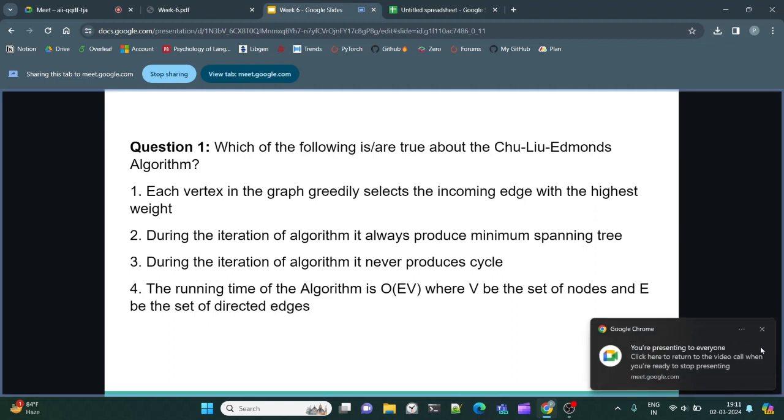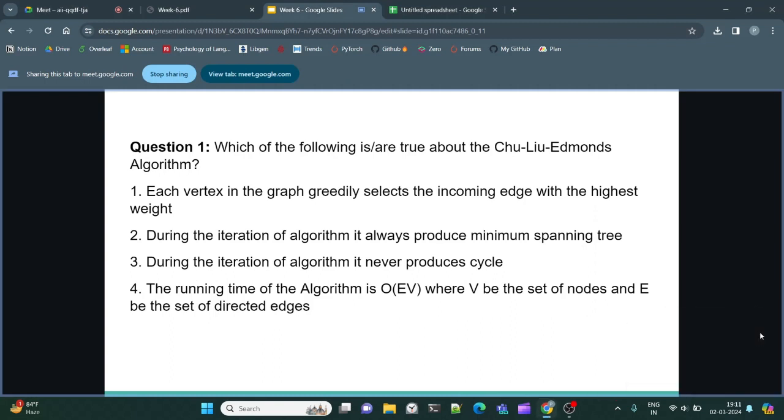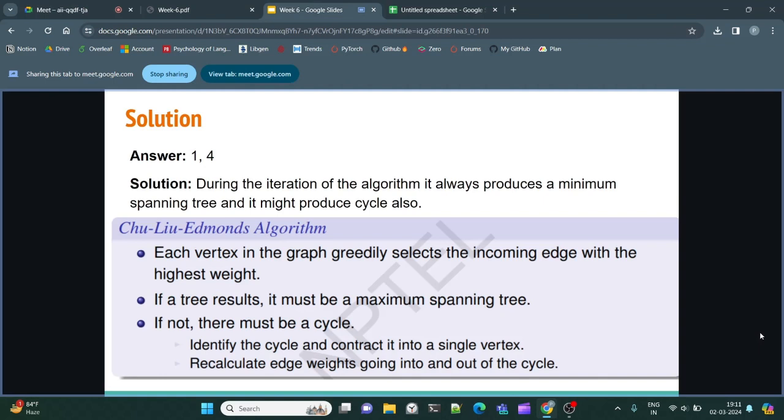All right, then let's discuss the official solution. The answers are 1 and 4. To understand why, let's briefly discuss the algorithm. The first step consists of, for each vertex in the graph, following a greedy strategy and selecting the incoming edge for each such vertex which has the highest weight. After this first step we get a modified graph with fewer edges, and in this graph we need to check whether it is a minimum spanning tree.